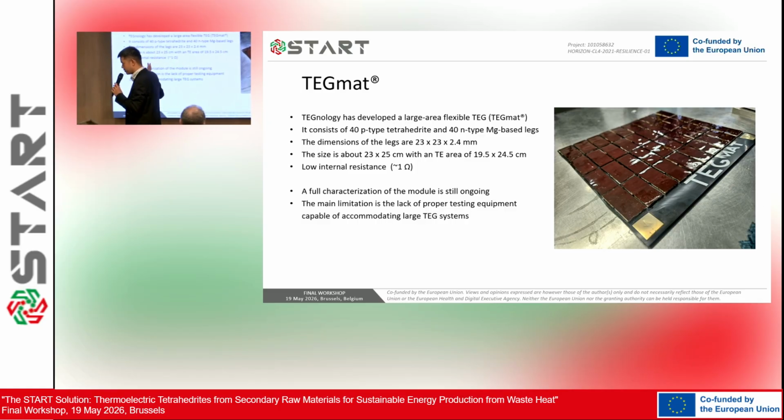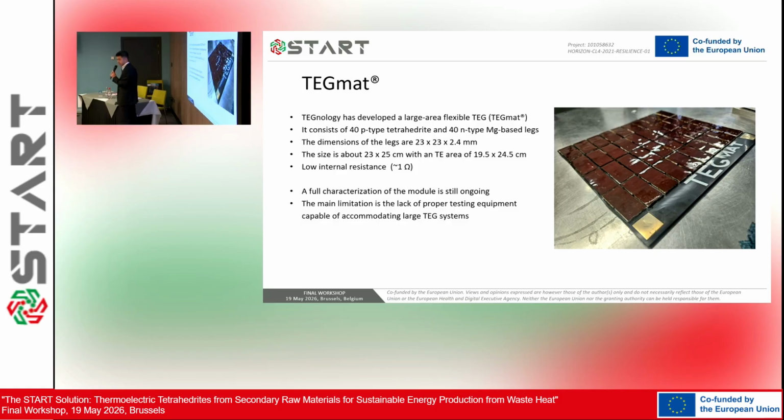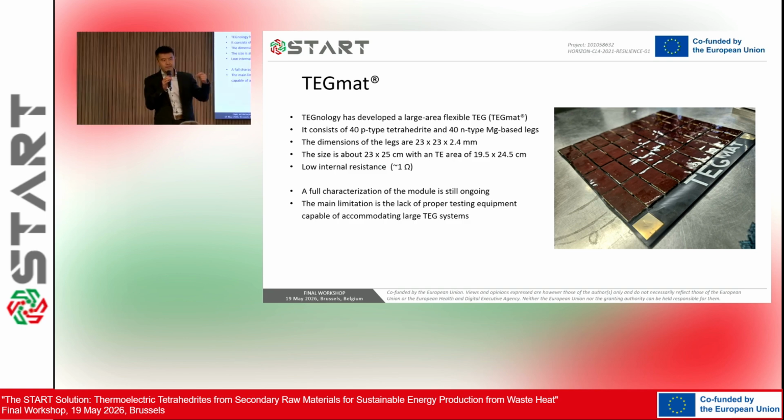The reason that we want to build it in this format is, as I mentioned, the technology works on large-scale industrial waste heat, especially low-grade waste heat. That means the temperature difference, the delta T, used to be small. And in order to get significant power output, we need to implement it at very large scale. When we talk about scale, we're not talking about square millimeters.